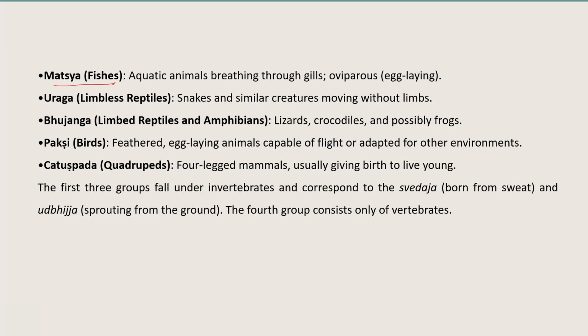Matsya, fish, aquatic animals breathing through gills, oviparous, egg laying. Urga, limbless reptiles, snakes and similar creatures moving without limbs. Bhujang, limbed reptiles and amphibians, lizards, crocodiles and possibly frogs.